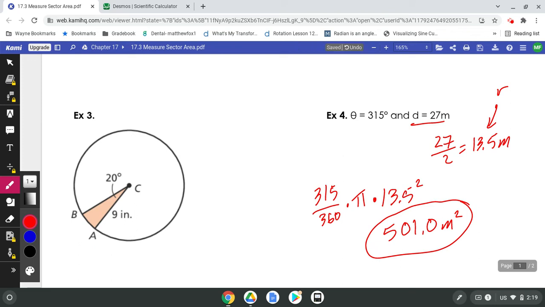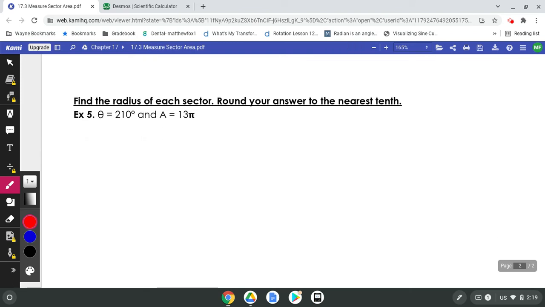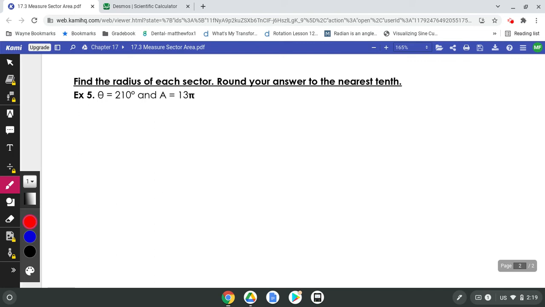All right, we're just about done. The last two problems I want to look at are slightly different. Notice on number 5 here, it says find the radius of the sector. We're rounding to the nearest tenth again. It tells us that the theta, or the angle of that sector, is 210. The area equals 13 pi. We don't know what the radius is, but 210 divided by 360 times pi times r squared is our formula for area, which will have to equal 13 pi.